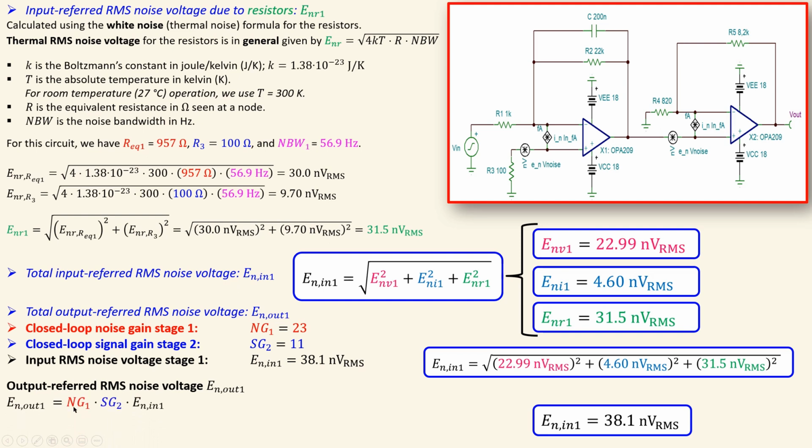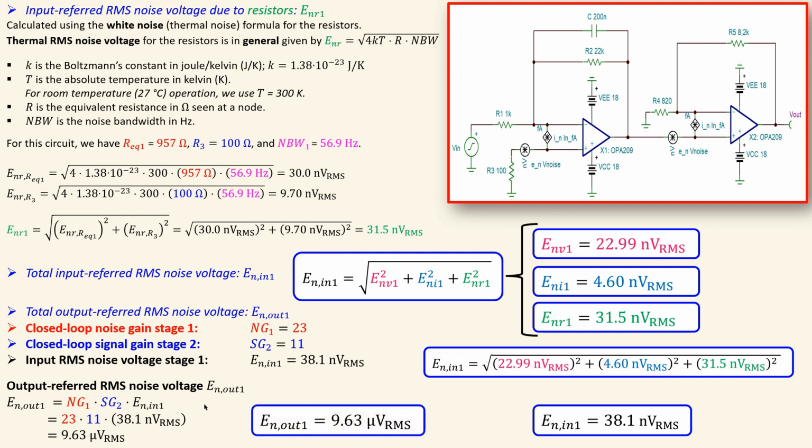This is the formula: noise gain of the first stage, signal gain of the second stage, and the input referred RMS noise voltage. If you substitute the values, you will have 23 times 11 times 38.1 nanovolts RMS, and that will give you 9.63 microvolts RMS. So this is what we have now, and that will be used later on in the total output noise voltage.